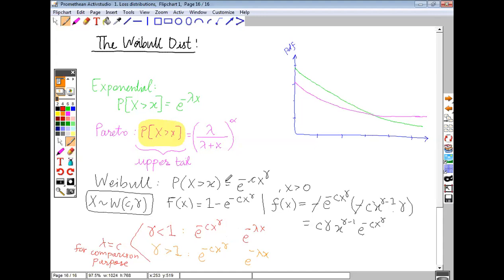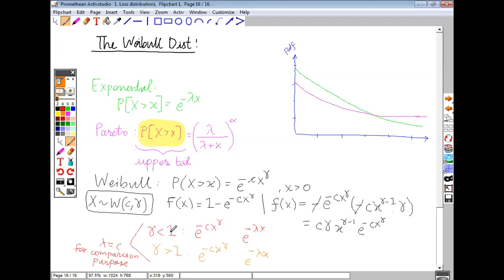Because of this added new parameter, I know that there can be two possible tails, so one of them could be lower than exponential, basically lighter than exponential, and the other could be heavier than exponential. So now I'm trying to figure out for what values of gamma I get those two cases.